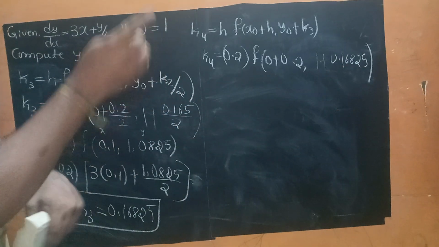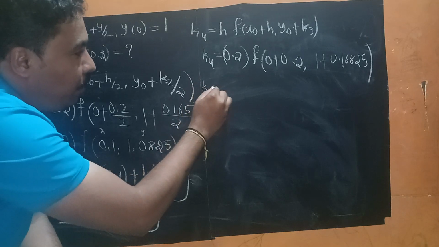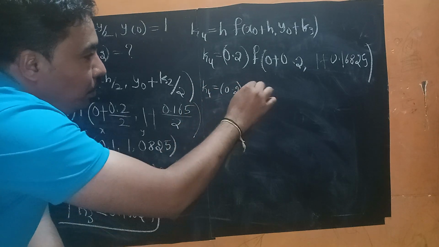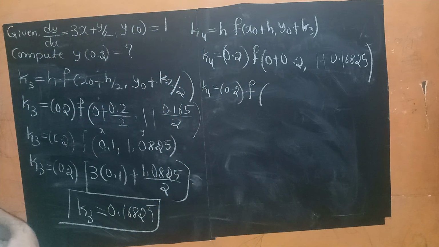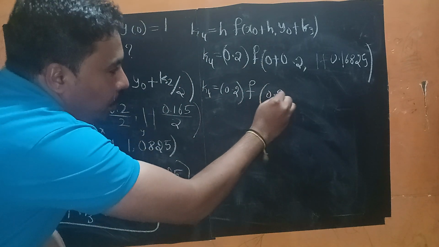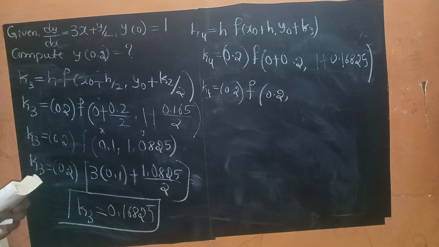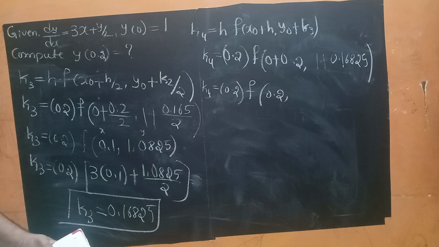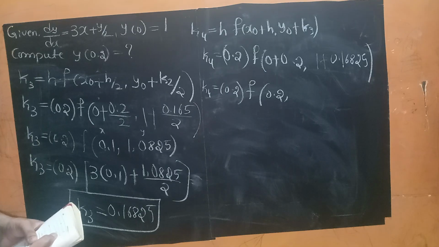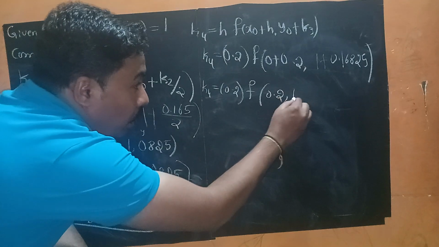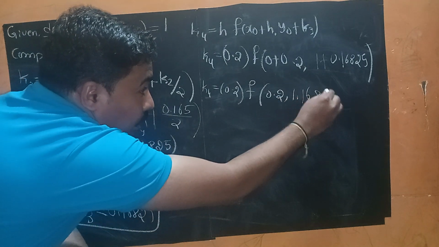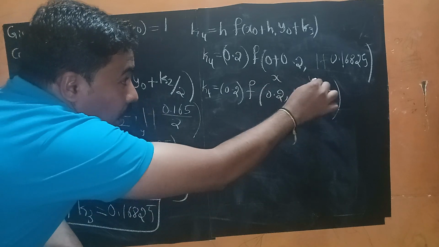If we simplify this, we are getting only x and y values. So 0 plus 0.2 is 0.2, comma 1 plus 0.16825. If we simplify that, then we will have the points as 0.2, 1.16825. Now these are our x and y values.